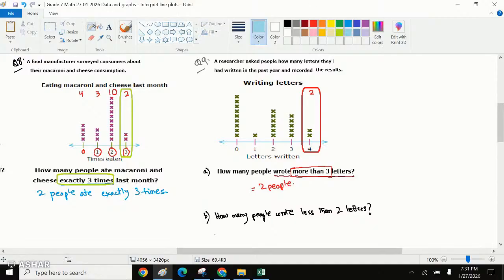No. Why? Because it says less than 2. The number that is less than 2 is 1 or 0. Agreed? Okay. Let's focus on this question number 2. Can you give me the answer? The part B?